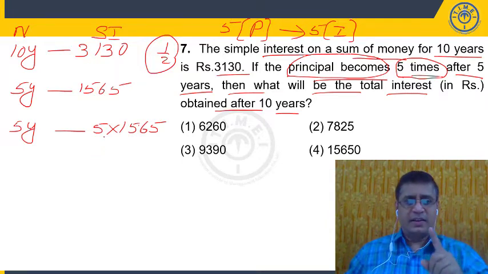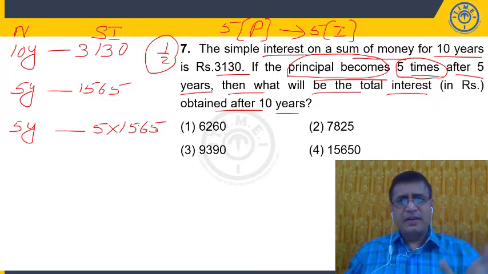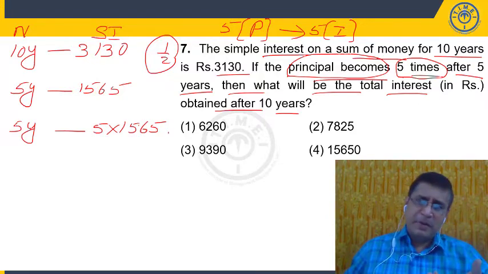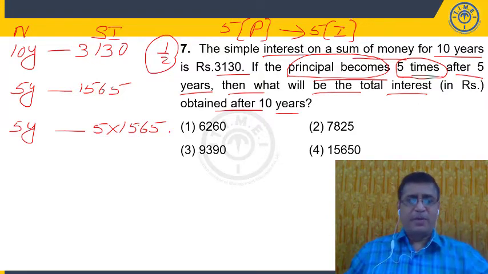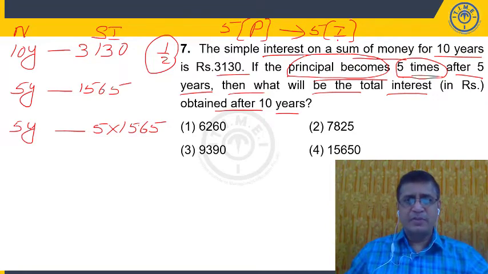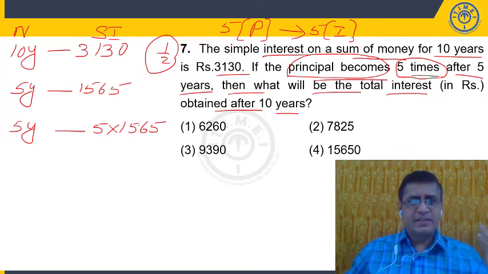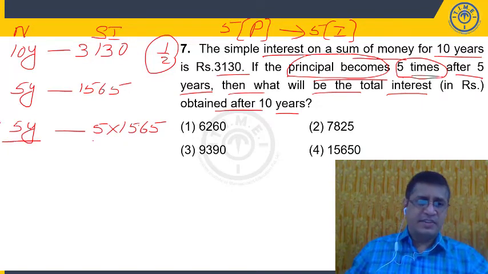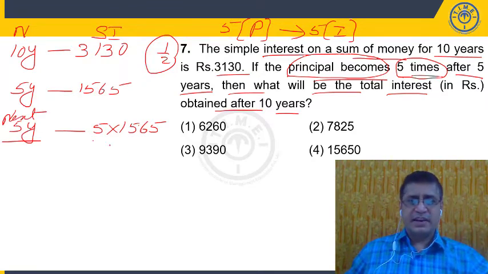For 1 year, for example, 10 rupees. 2 years, 20 rupees. When the principal doubles, interest also doubles. In the same way, here when the principal becomes 5 times, interest becomes 5 times. So for the next 5 years, the interest is 5 times of 1565.